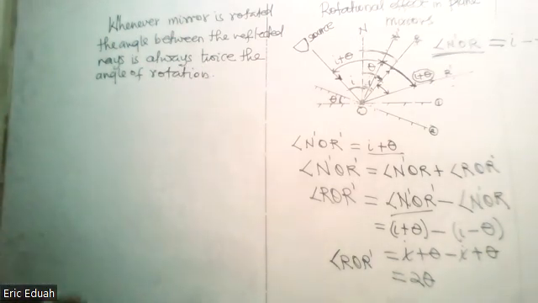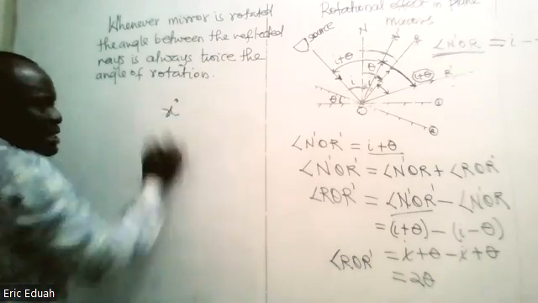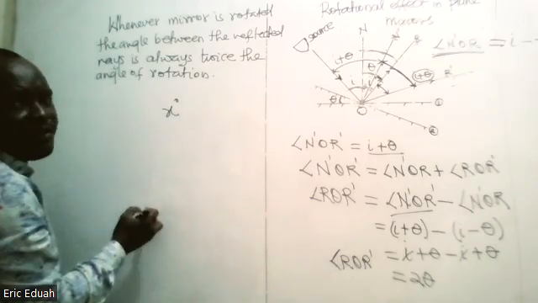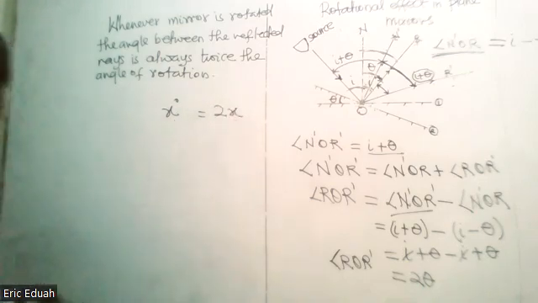So if you rotate the mirror x degrees, the angle between the reflected rays would also be 2 times x. That is the concept.